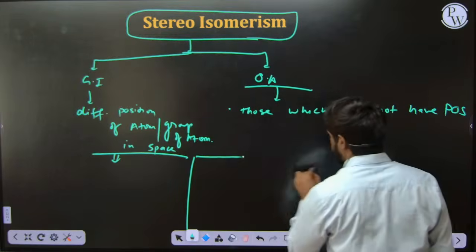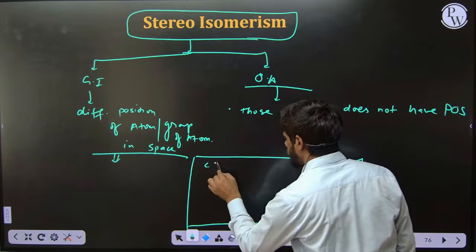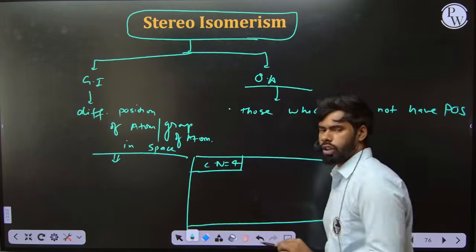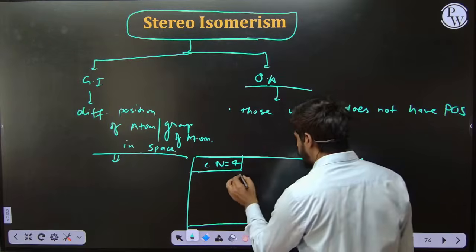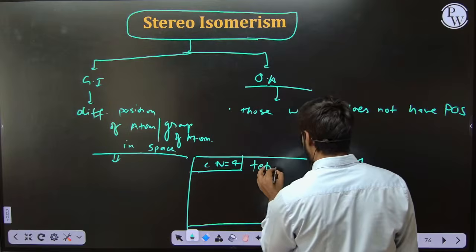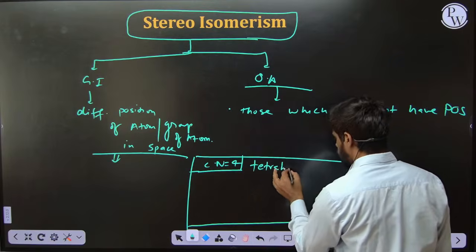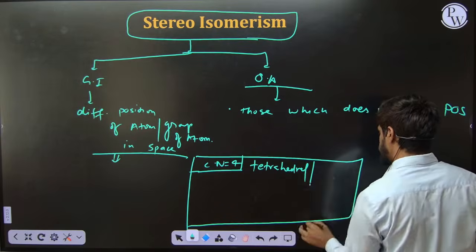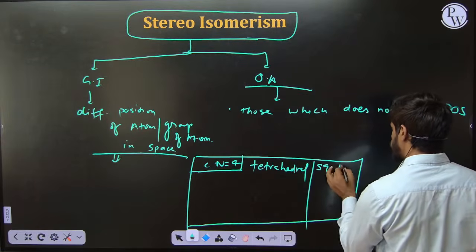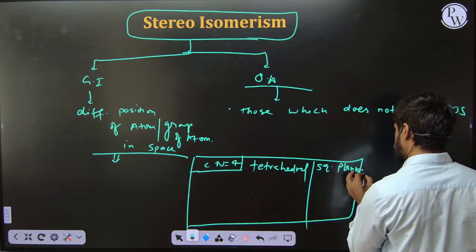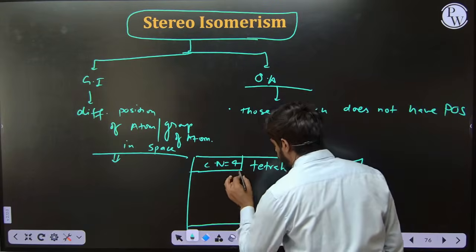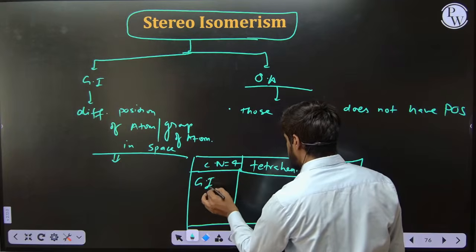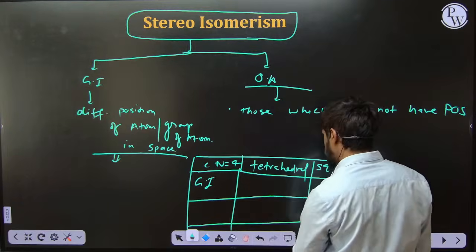Now, in case of coordination number 4, there are two possibilities. Either it is tetrahedral or it is square planar. If it is tetrahedral, GI is never possible.